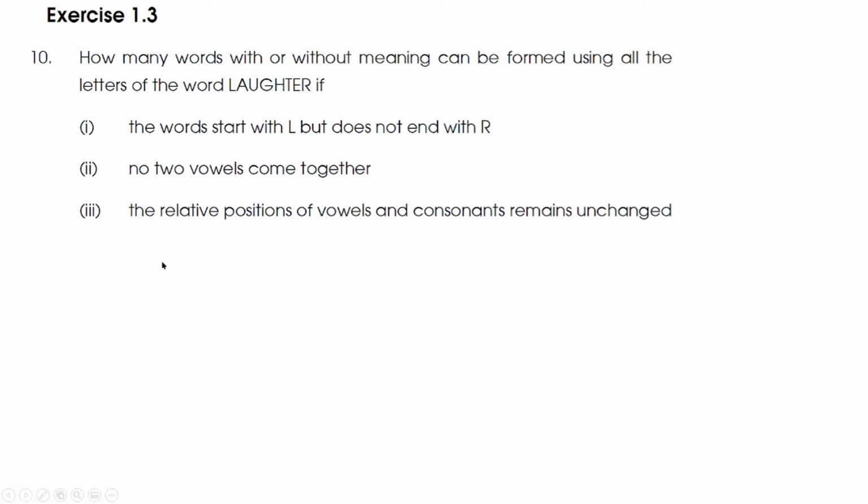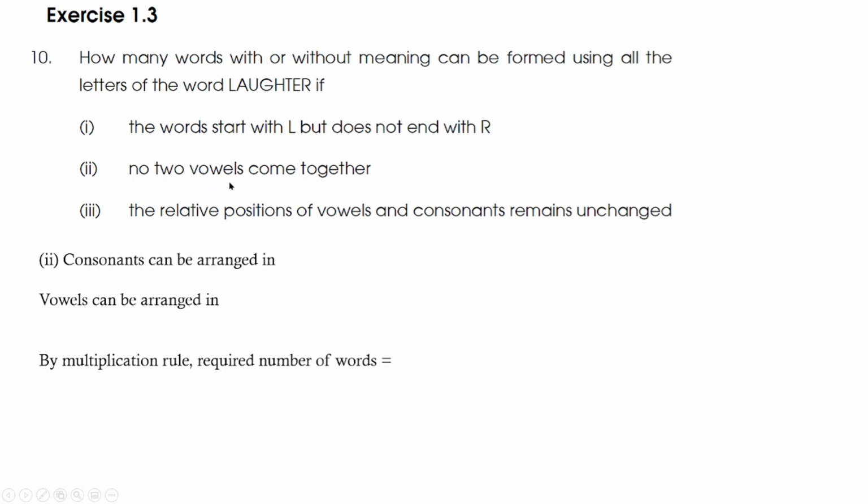Now the next subdivision. How many words can be formed using all the letters of this word if no two vowels come together? Here two vowels cannot come together. So if we take the consonants, they are L, G, H, T and R. Now these 5 consonants can be arranged in 5P5 ways, which is equal to 5 factorial.